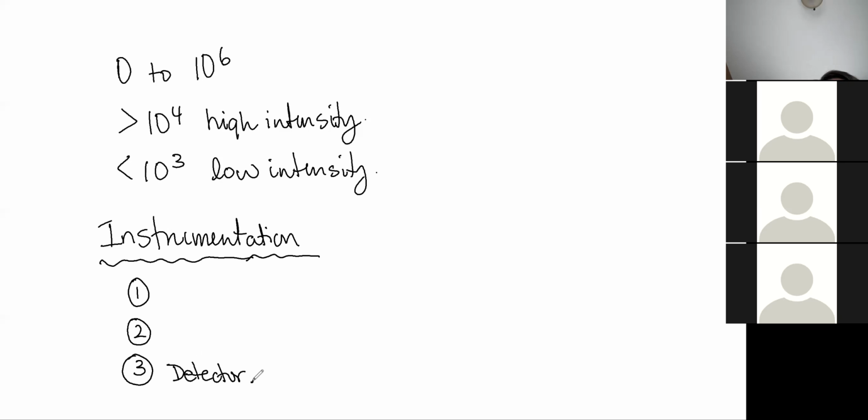So this could be a photomultiplier or a photodiode tube. Basically, it's going to be recording the different wavelengths of the light. So in our old infrared, we had a dispersion, or we had a Fourier transform.